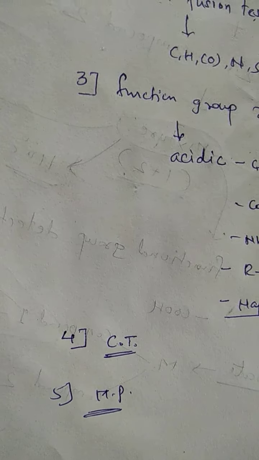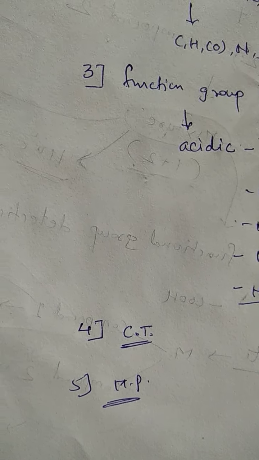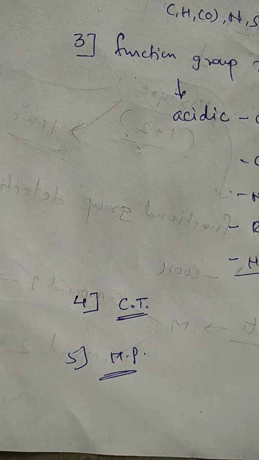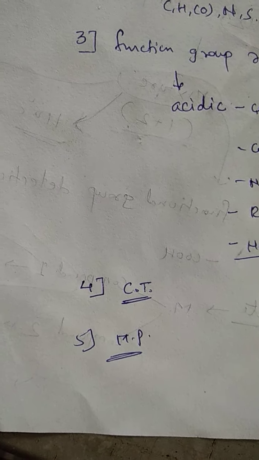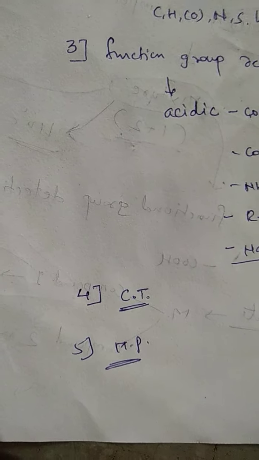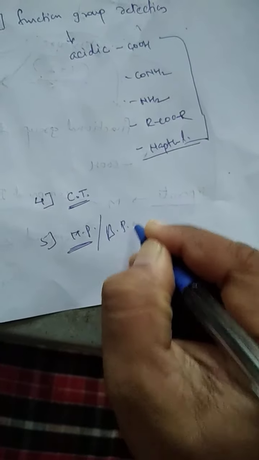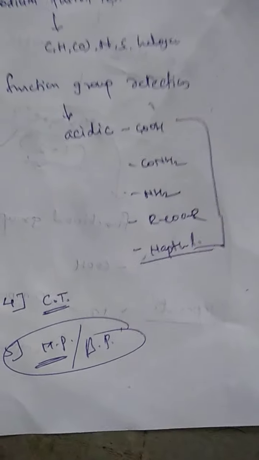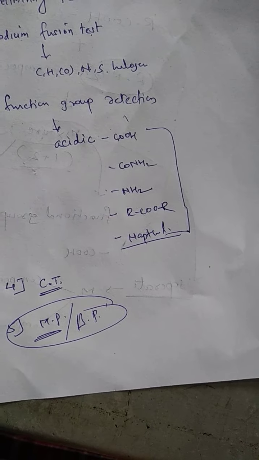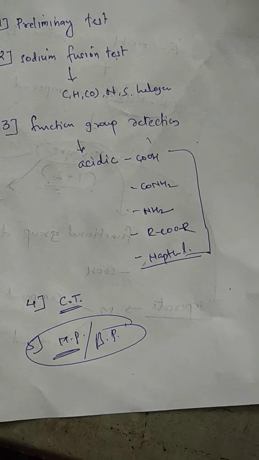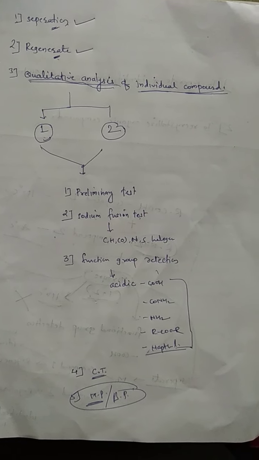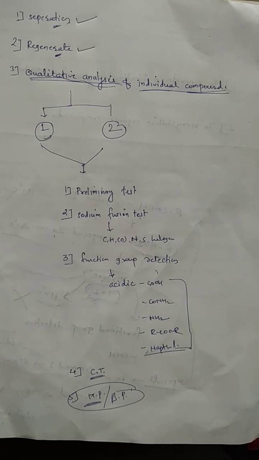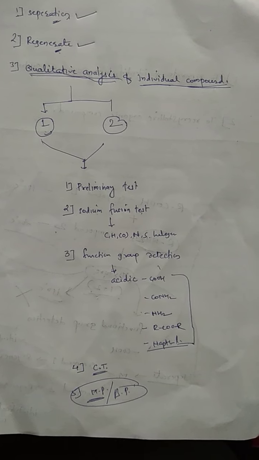Okay, so after melting point it becomes double confirmed which compound it is, whether benzoic acid, alpha naphthol, beta naphthol, or aniline. If a liquid is present you have to go for the boiling point. So this is the identification test or confirmatory test by which you come to know which two compounds are present. Okay, so this is the introductory part for the separation and identification of binary mixture.